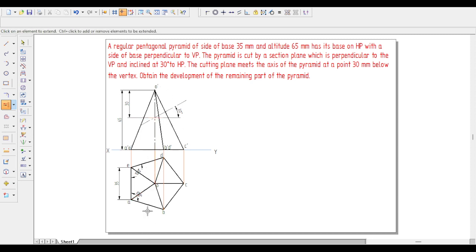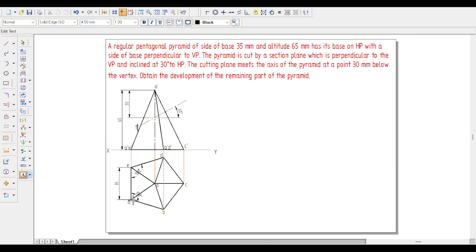If you observe the front surface here, A, B, C, the slant edge O'A' is cut at this point. So we are going to give numbers: O'A' is cut at point 1'.